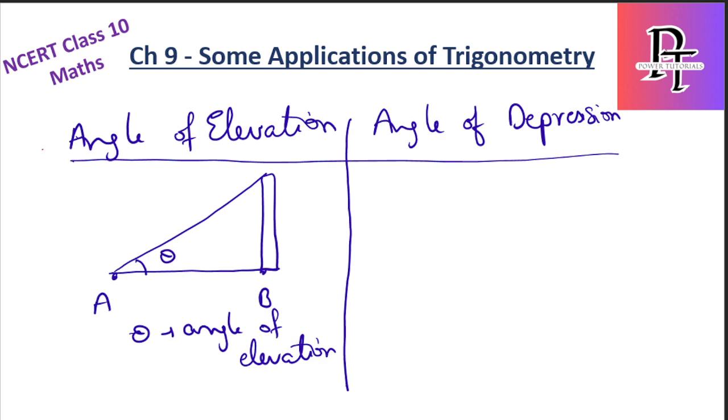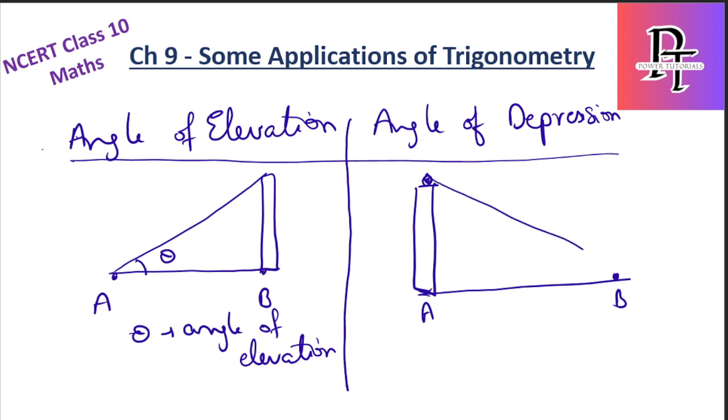Angle of depression is the opposite case. We have a building and someone is standing on that building, and on the ground we have an object, suppose at B. From point A, at the top of the building, someone is seeing the object B, and with respect to the horizontal, this makes an angle of theta. So this is called the angle of depression.